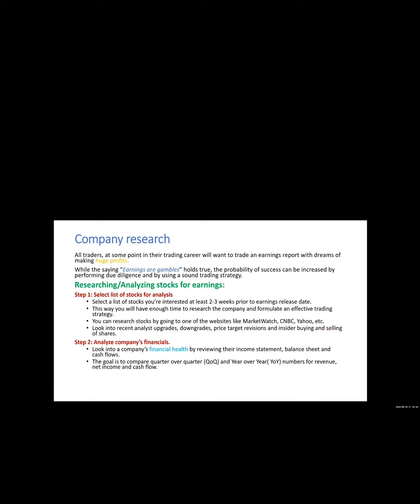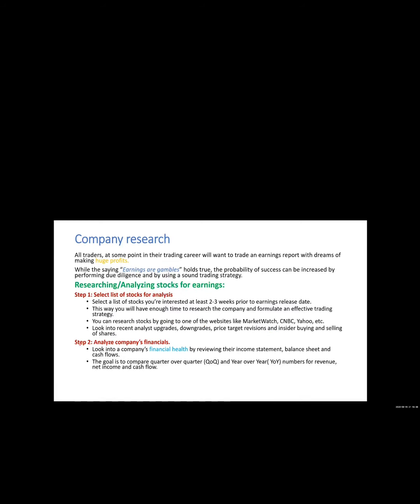And alternatively, if the company's insiders are constantly selling shares leading to earnings, that shows that the insider sentiment is not that great. Okay, so these are the things that you want to note down. First step, especially when you're researching companies, just take a piece of paper, write down the list of names that you are interested in, and write down all the information that you gather.